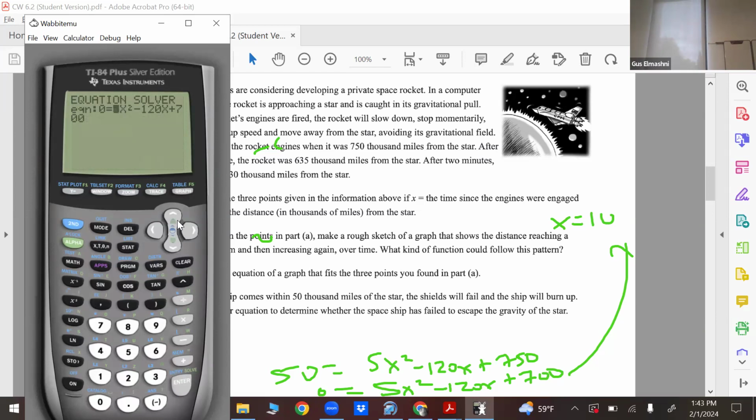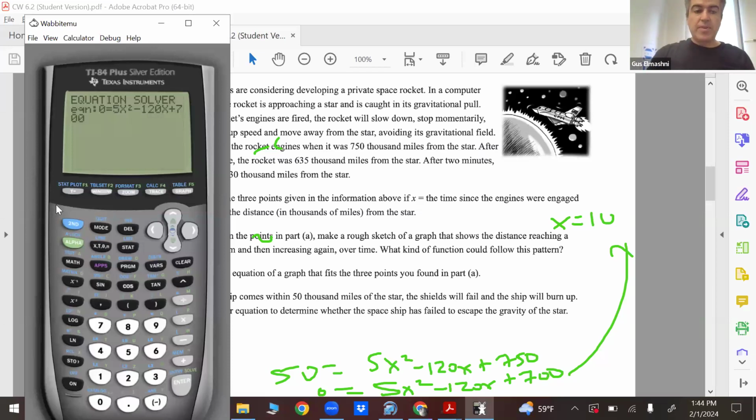Sorry, it's not letting me find the equation. Hit the up key. Is numeric solver a single? I think so. Oh, there we go.